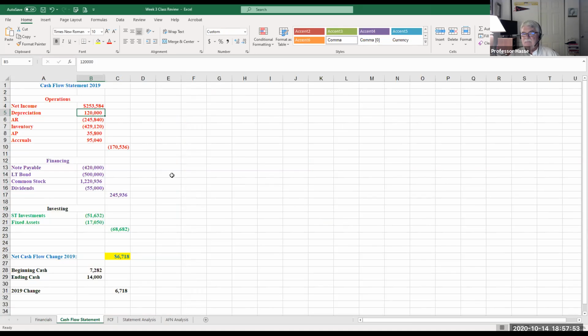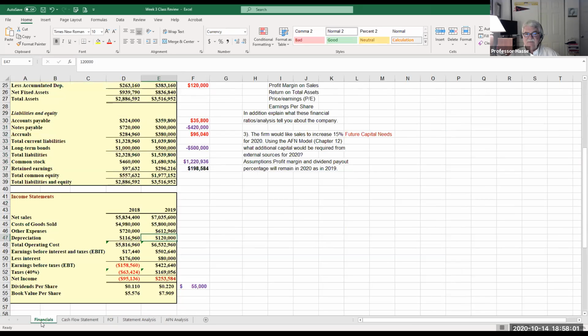Simple answer. Am I writing a check to Mr. Depreciation for $120,000? I get to expense fixed assets over time because the tax code, the IRS rules allow me to do that. Why do you think the government allows you to deduct depreciation expense on your tax return?